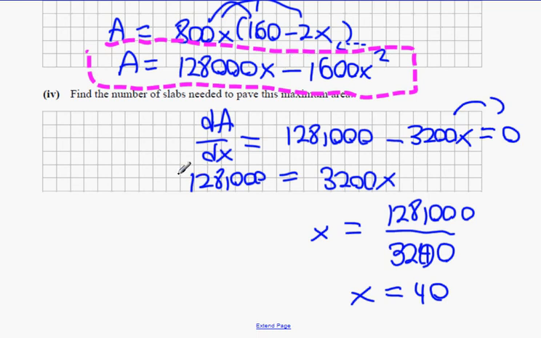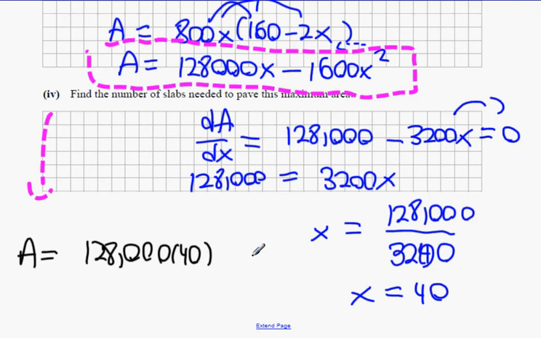How do we find this maximum area then? If we know there's 40 slabs, put 40 in as x, correct, okay, and this is going to answer part 4, which is going to be A equals 128,000 times 40 minus 1,600 times 40 squared.